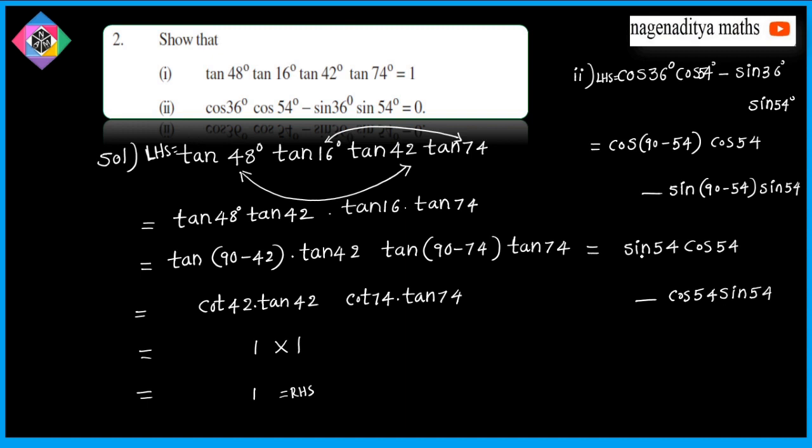So here this term is sin 54 multiplied by cos 54, and this is also sin 54 multiplied by cos 54. So both terms cancel, and this becomes 0 because of the minus sign. This is equal to RHS.